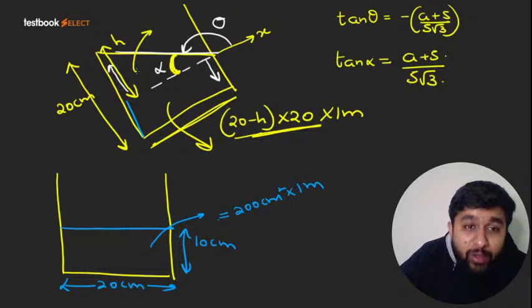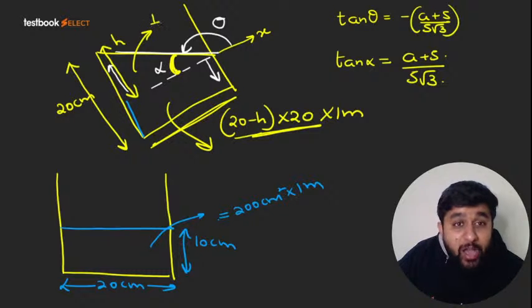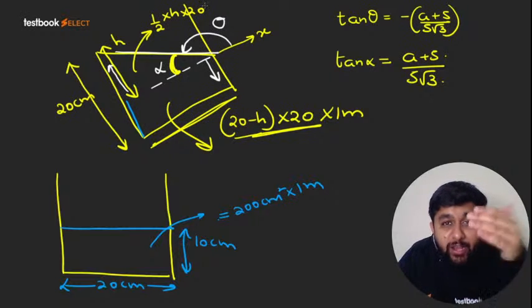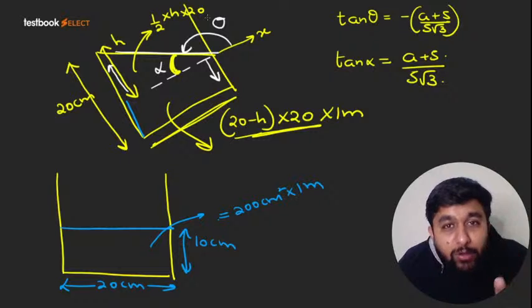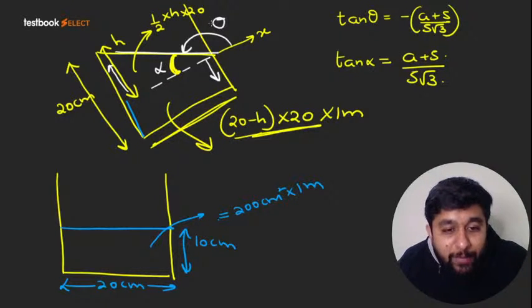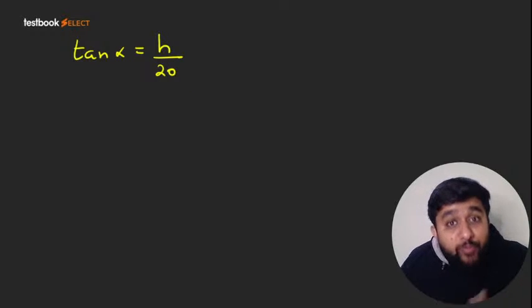How much is the triangular part? So half into base into height. That will be half into h into 20 centimeter square. This is the area of triangle into perpendicular width, which is 1 meter. तो हमने रेक्टेंगुलर पोर्शन का वॉल्यूम निकाल लिया, ट्राइंगुलर पोर्शन का वॉल्यूम निकाल लिया. So what you will do, you will write down the total volume of water.